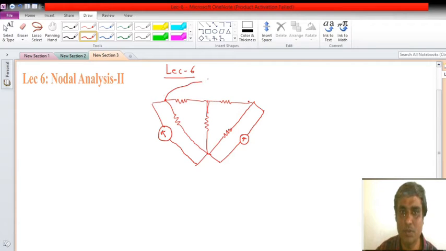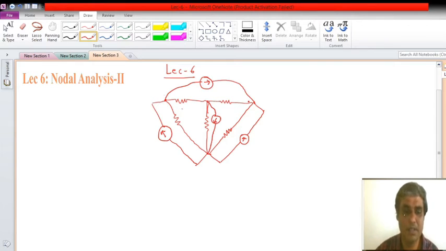One more current source is connected here, with this arrow, and suppose one more current source is connected here. Fine, and let's say the direction is this.